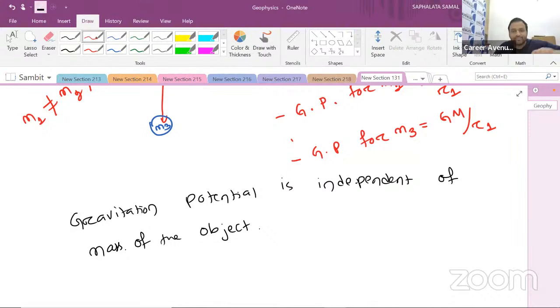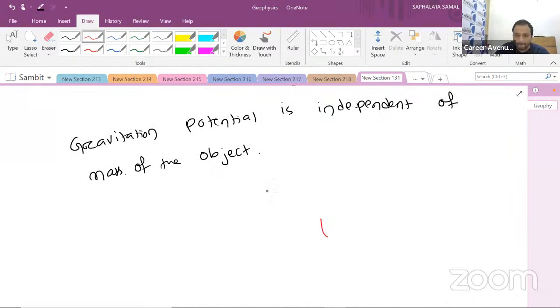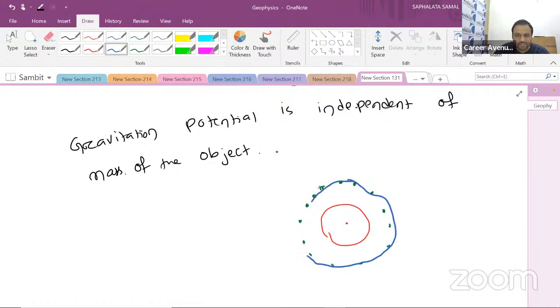That means if I have the Earth like this, if I join all the points having the same distance from its center, it will make a circle. In each point of this circle, if I calculate the potential, it will be identical because the distance is the same.